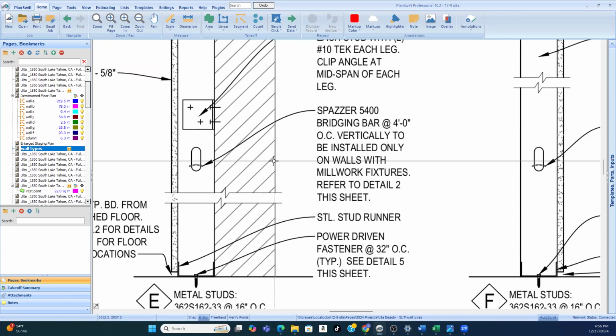So I'm going to say 1,000 because that's the feet times 12. I got to turn it into inches. So that's 12,000 inches. And then I divide by the placement, which is 32. So I know I got to do that power driven fastener at least 375 times if I'm doing it on the 32s.